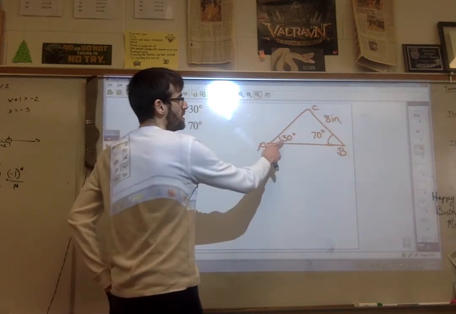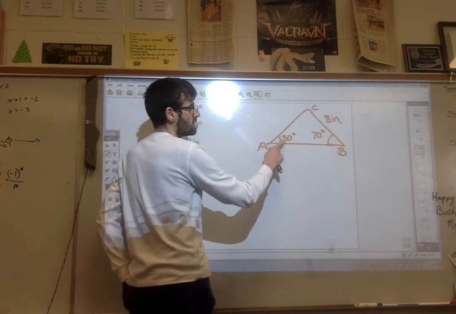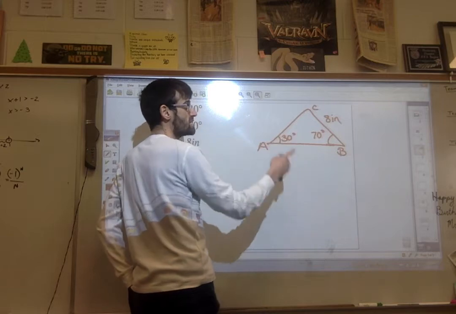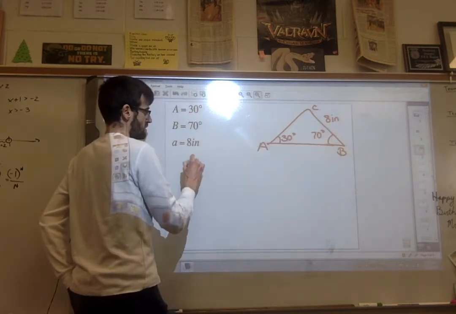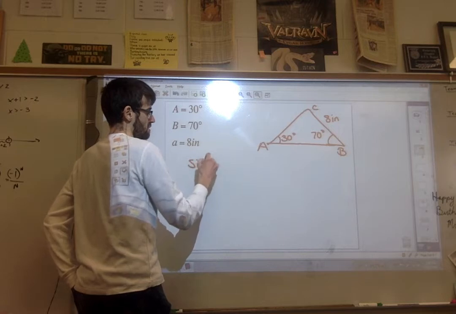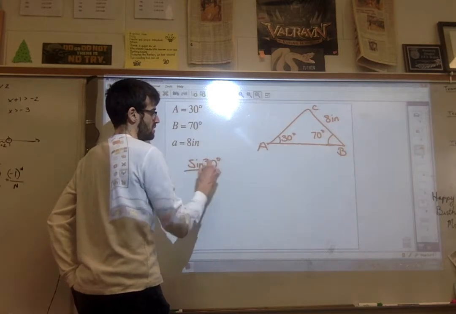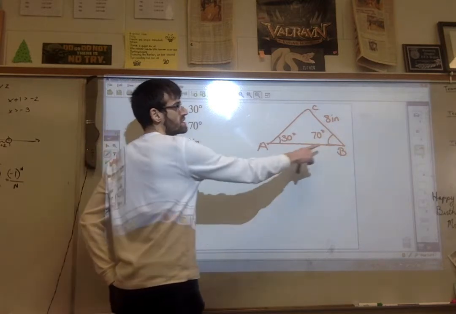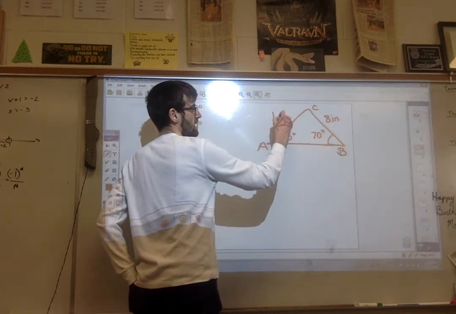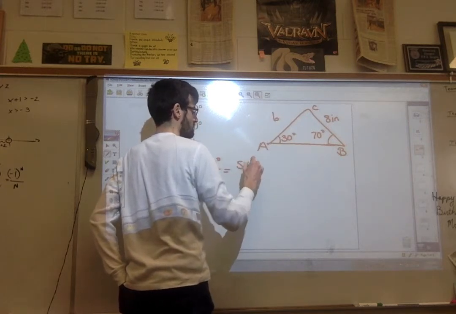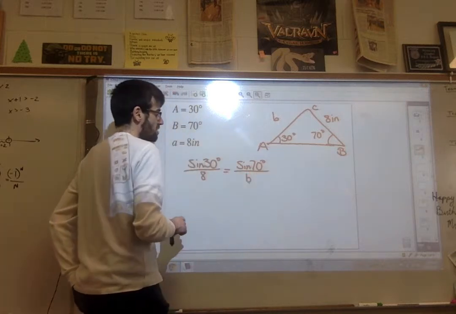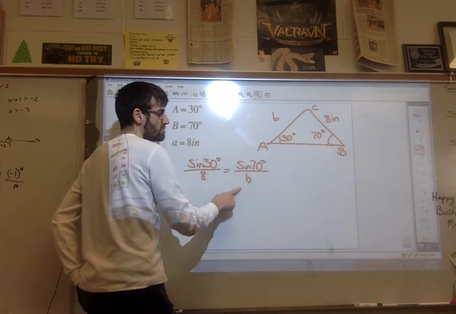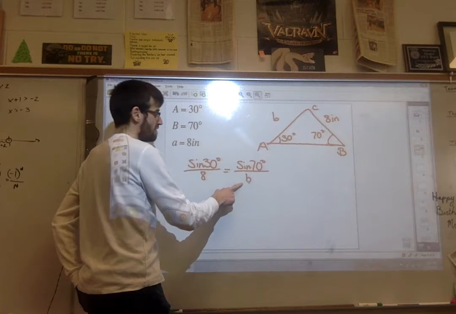So I'm going to set up the proportion for A: the sine of 30 over 8 equals the sine of 70 over little b. So I'm going to cross multiply. Essentially what I'm trying to solve for is this little b first.